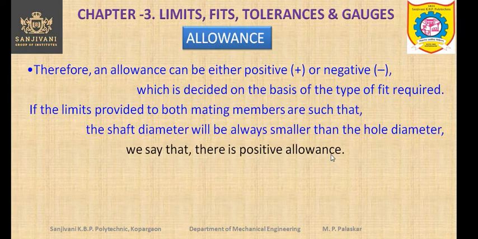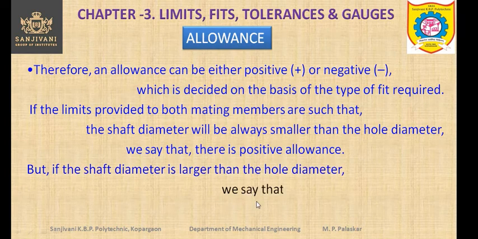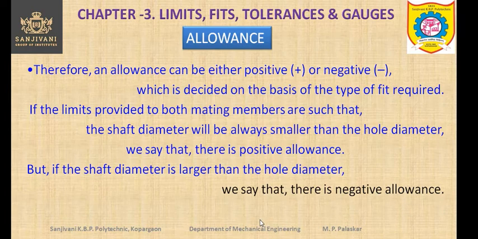The higher limit and the lower limit are fixed in such a way that the shaft diameter is always smaller than the hole diameter. But if the shaft diameter is larger than the hole diameter, we say that there is a negative allowance. So when the diameter of the shaft is larger and the diameter of the hole is smaller, the allowance is of course negative.